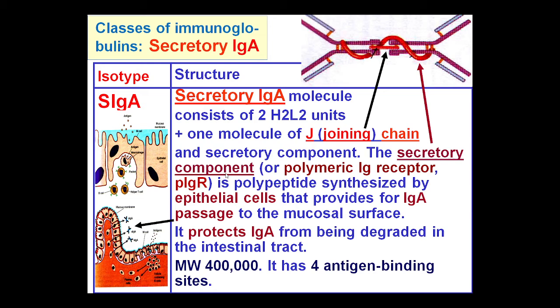This secretory component in this scheme is shown as a red sinusoid-like or snake-like molecule that overlaps the Fc fragments of both monomers that are combined in the dimeric molecule. This secretory component is synthesized by epithelial cells.